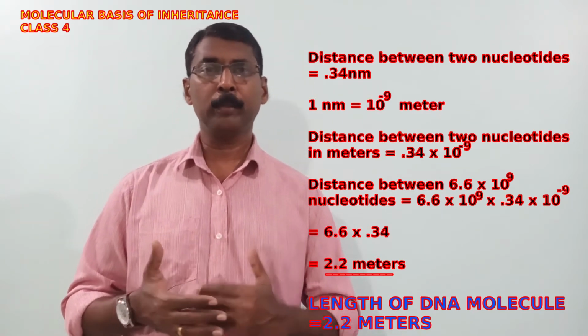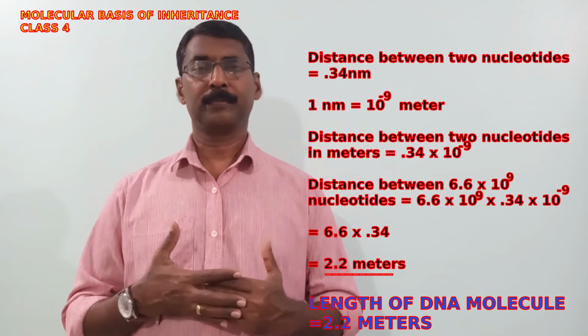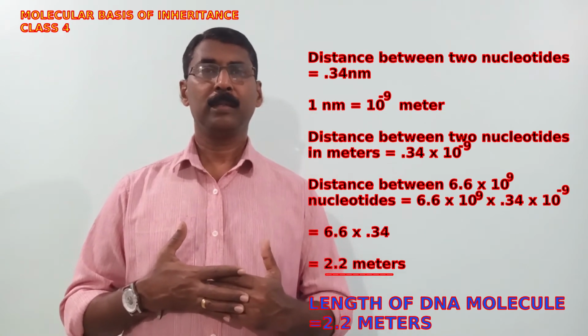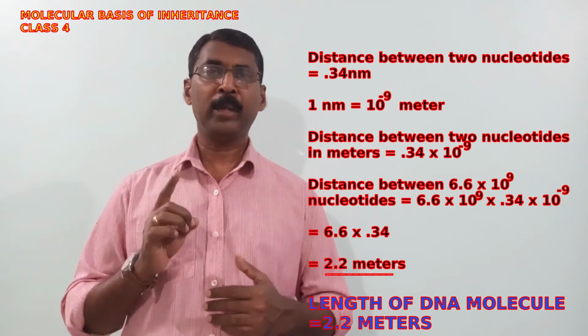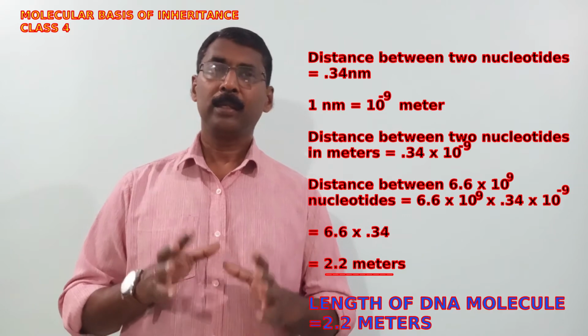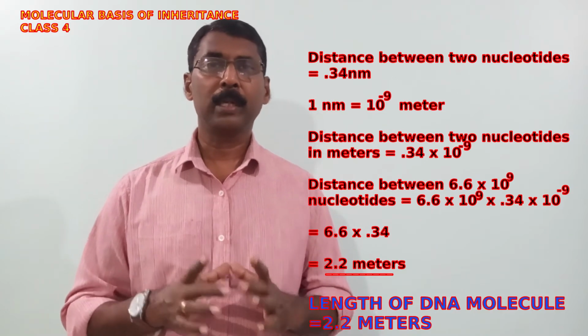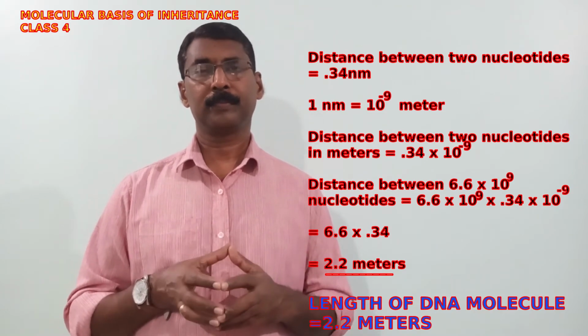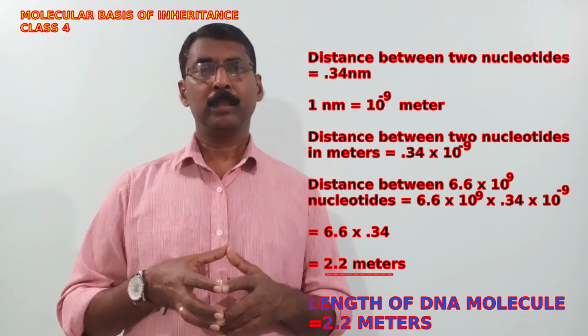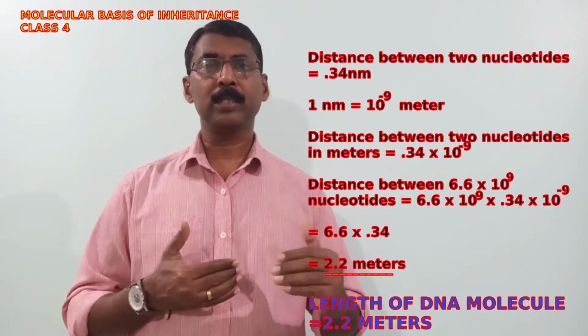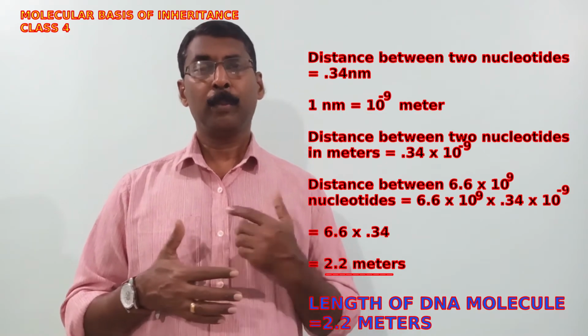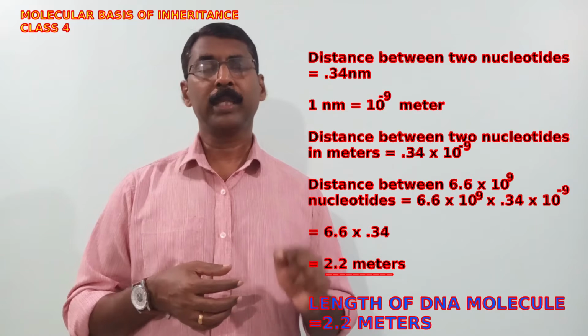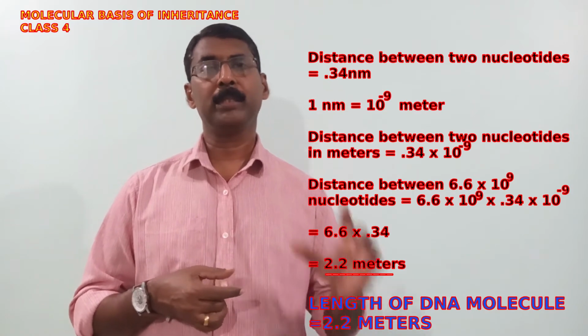So when we convert nanometer to meter, 1 nanometer is equal to 10 to the power of minus 9 meter. So 0.34 nanometer is equal to 0.34 into 10 to the power of minus 9 meters.